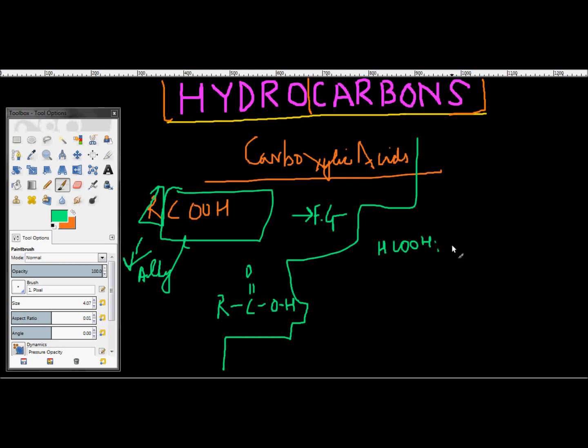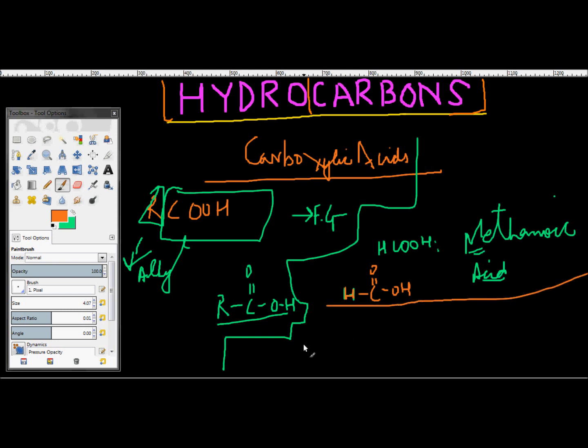So HCOOH, what do you call it? It's just methanoic acid, alright? And since it's the first member, we call it methanoic acid. And just like this, the way of representing it is HCOOH. And this is how you draw the structure. Methanoic acid is its IUPAC name.